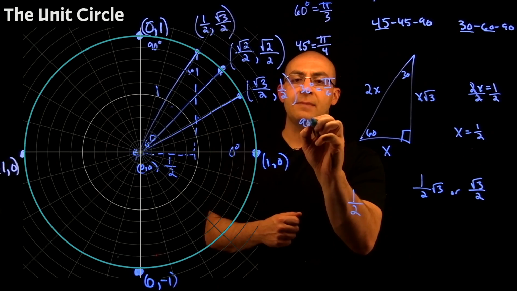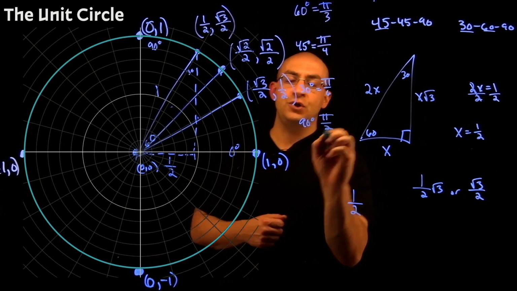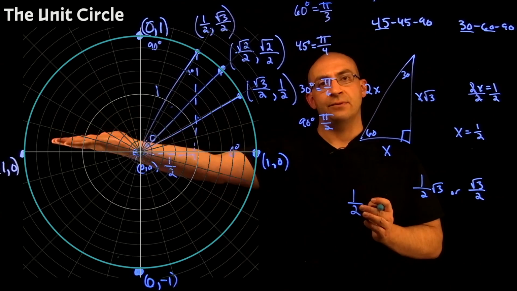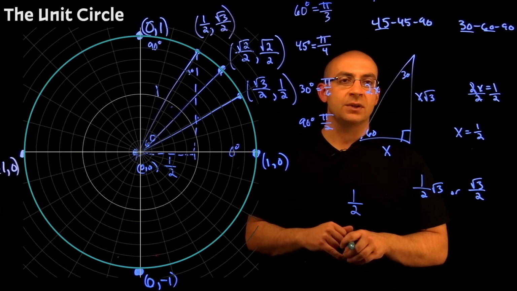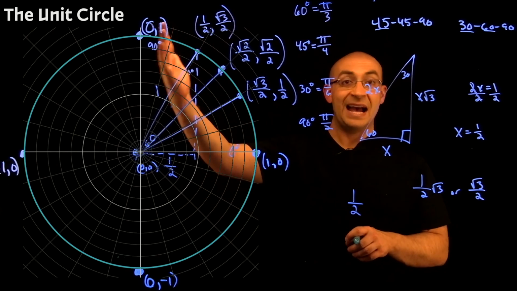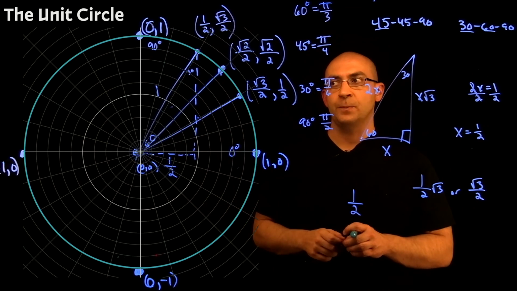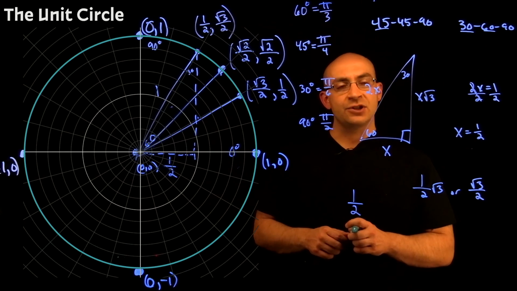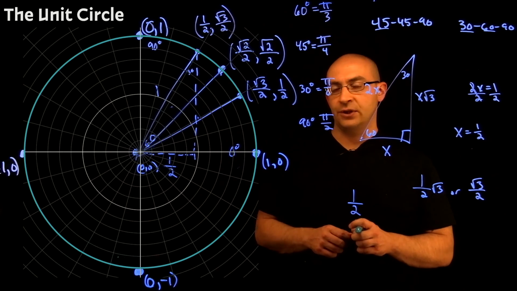So my 90-degree measurement is going to be pi over 2. Okay? Or half of pi, because 1/2 rotation of our unit circle is going to be pi radians. So half of that is going to be pi over 2. Okay? So what have we done here? We have constructed one full quadrant of the unit circle.